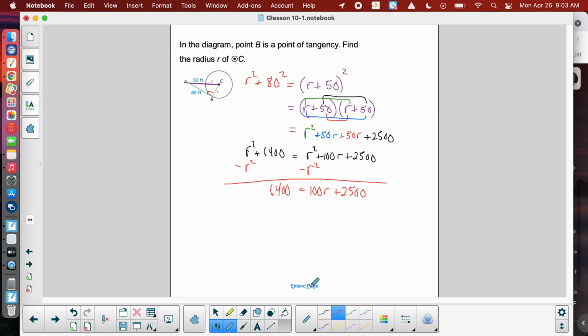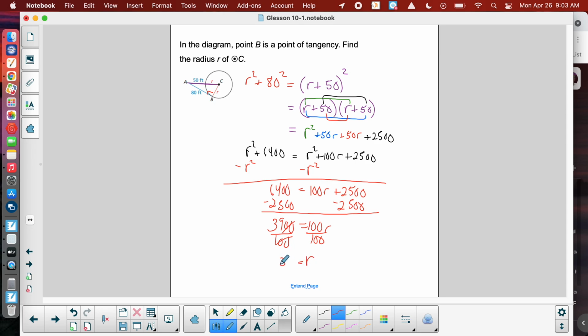Subtract 2,500 from each side. And that's, what is that, 3,900? Okay, and divide by 100, which is super nice.